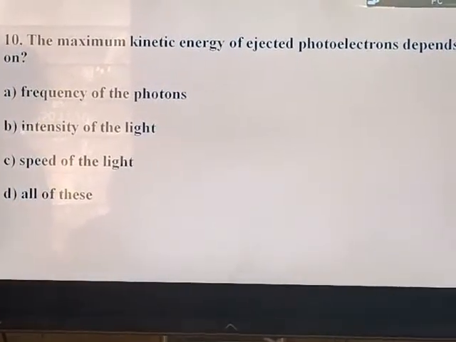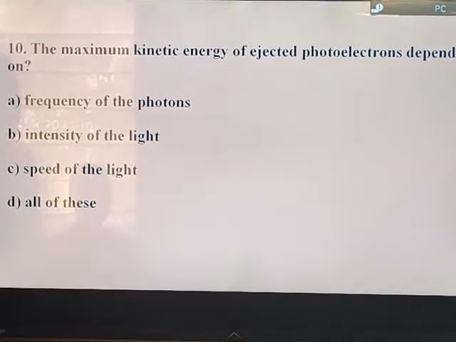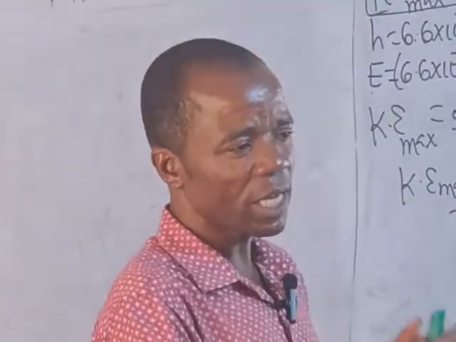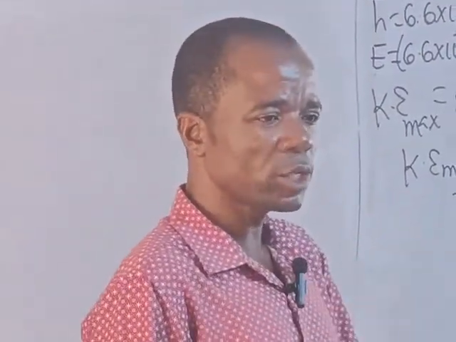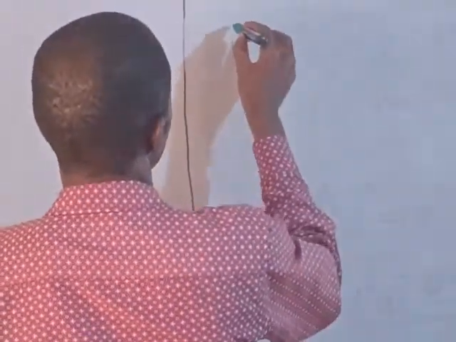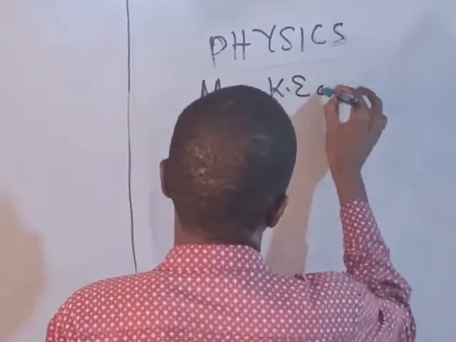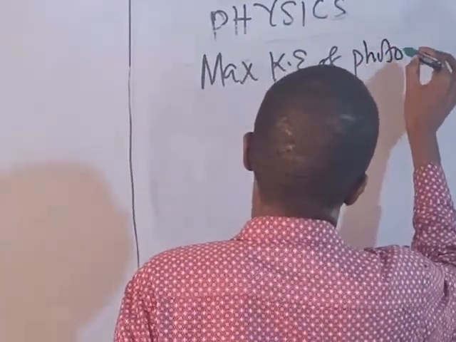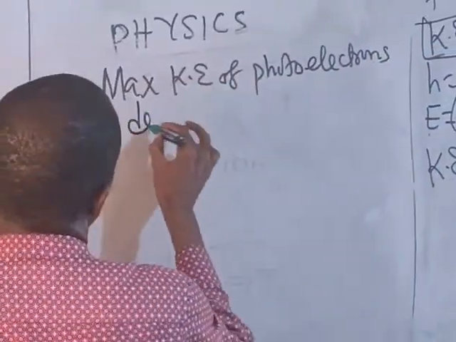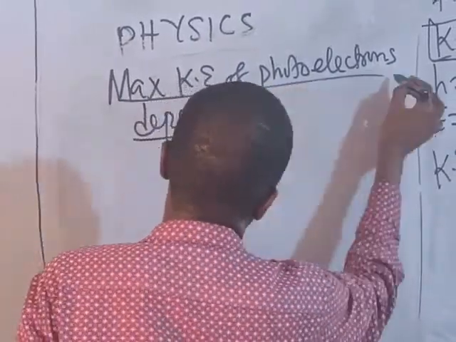A, frequency of the photons, B, intensity of the light, C, speed of the light, and D, all of these. Now, the maximum kinetic energy of ejected photoelectrons depends on a lot of factors.